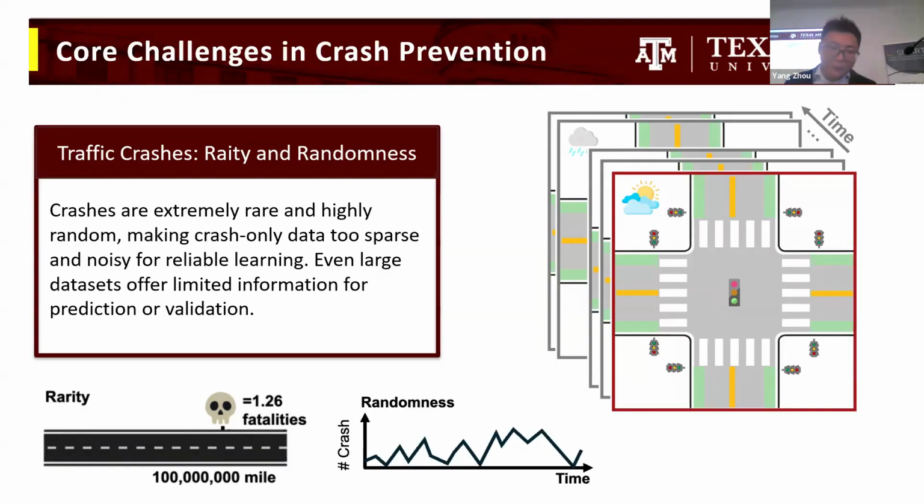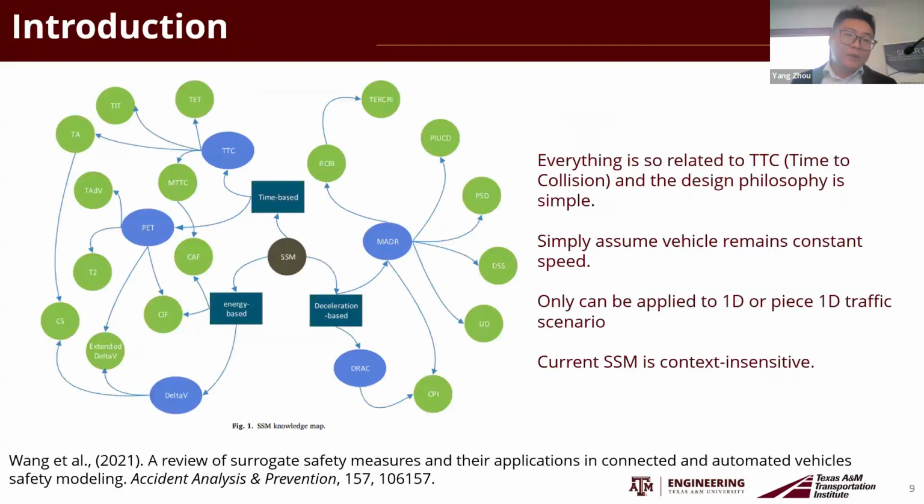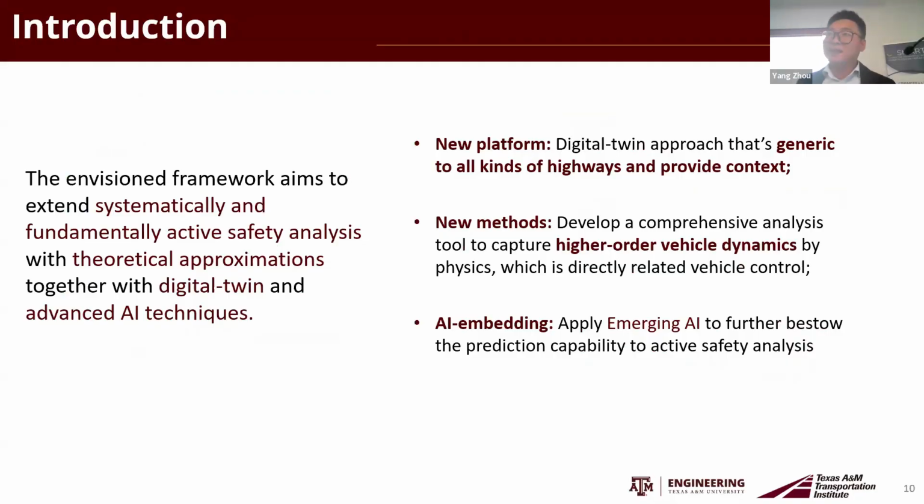And the beauty is that the behaviors of trucks and sedans could be different. Vehicle dynamics could be different, even their vehicle design is different. So that's why we need, first, a generic framework, and second, a high-fidelity vehicle dynamics platform.